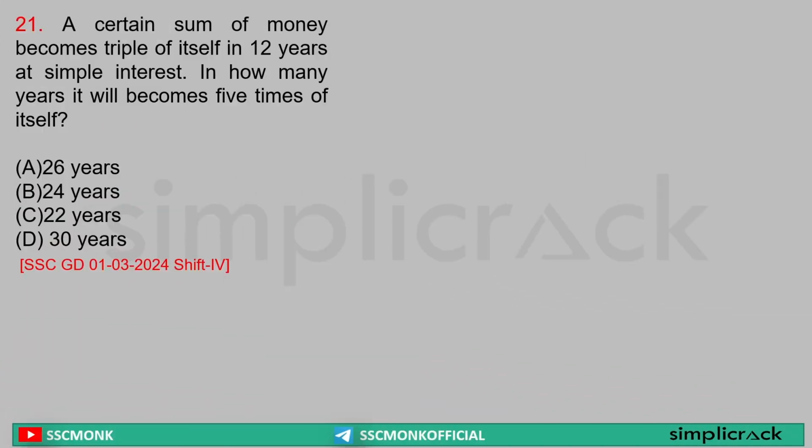Next. A certain sum of money becomes triple of itself in 12 years. That means, sir, what is happening? Sir, R into T, 12 years, divided by 100 is equal to triple of itself. That means n minus 1, 2 times, 2 6s are 12. So rate of interest is equal to 100 by 6%. Now it is asking in how many years it will be 5 times. Sir, P taken out.